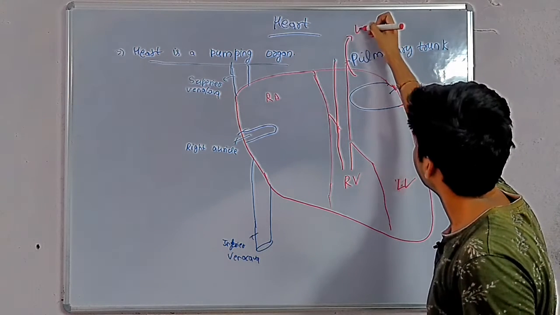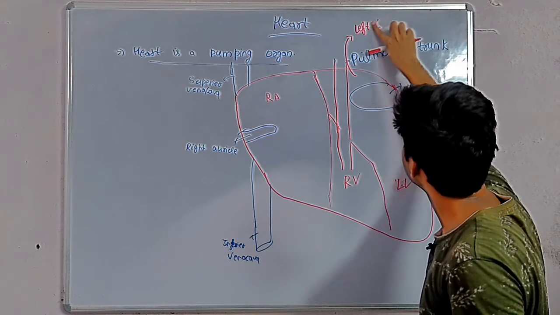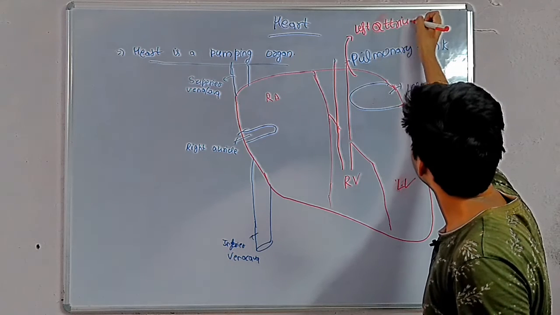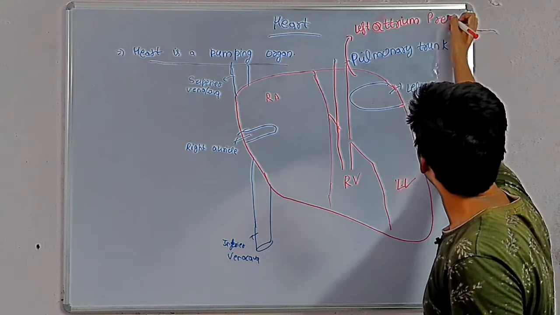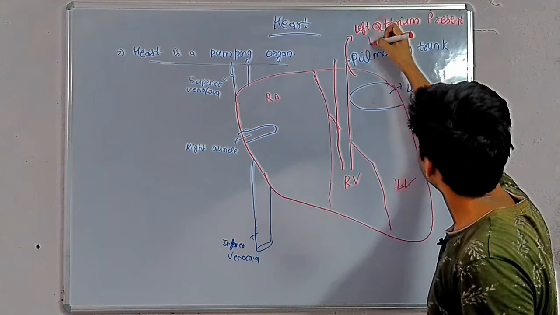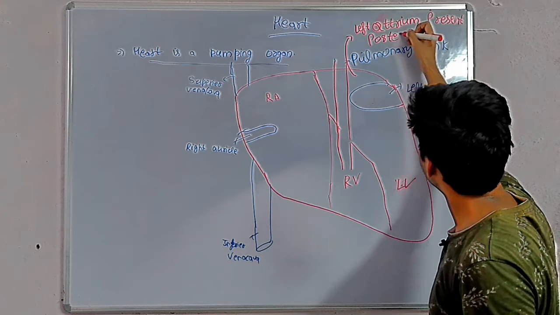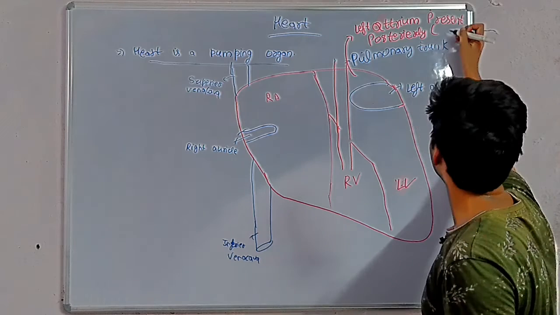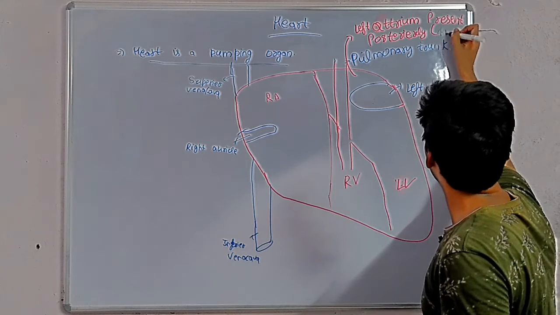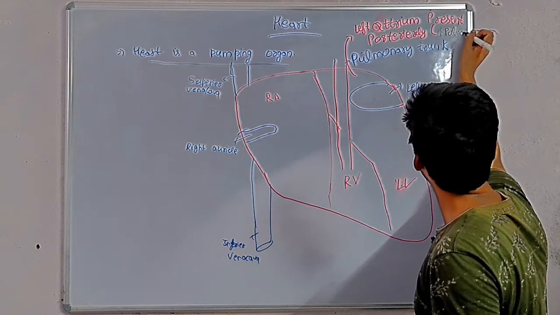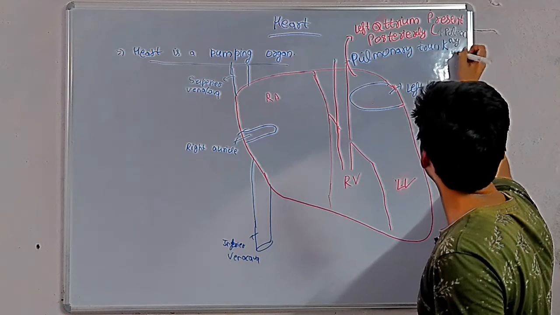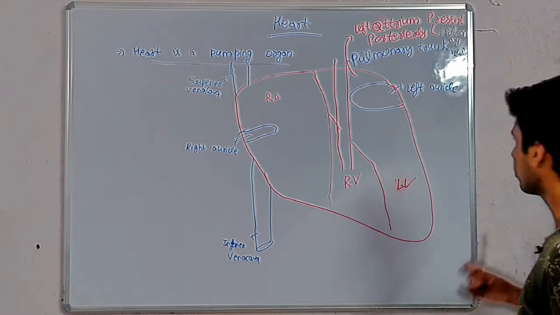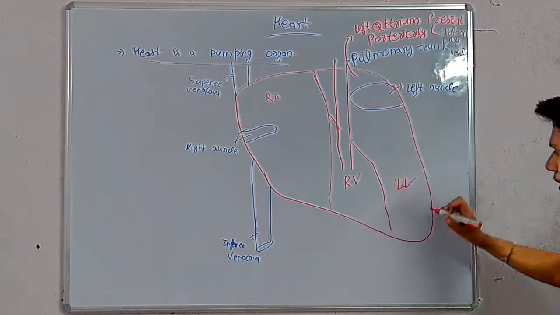It contains four pulmonary veins, two from the right and two from the left lung. Done. And here this is called the left ventricle.